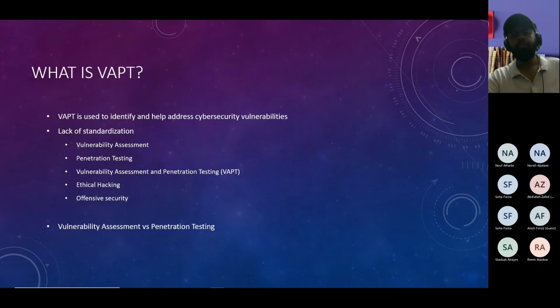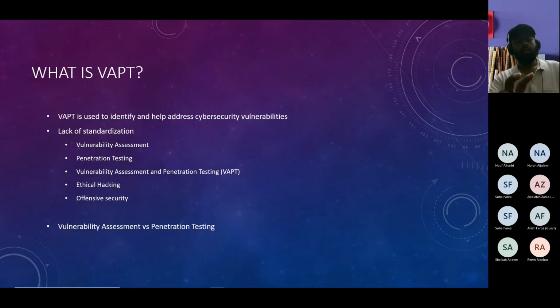With VAPT, you can identify vulnerabilities in your IT products like firewalls, routers, websites, web APIs, and all the IT infrastructure components. This is the purpose of the VAPT service.